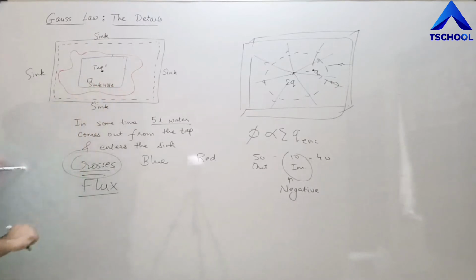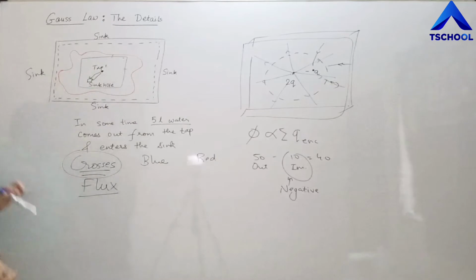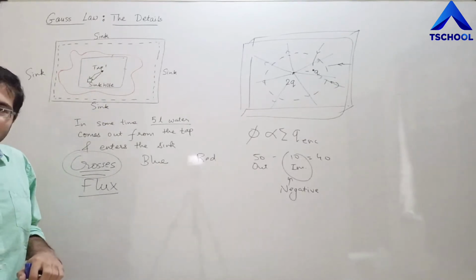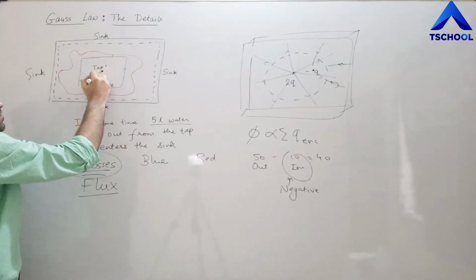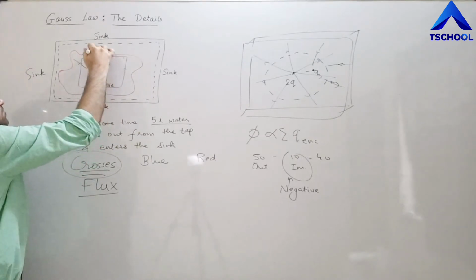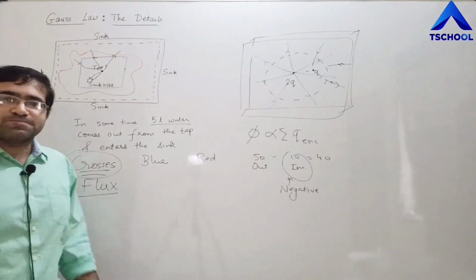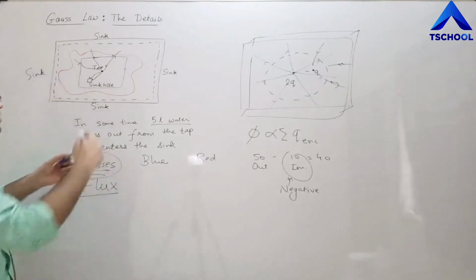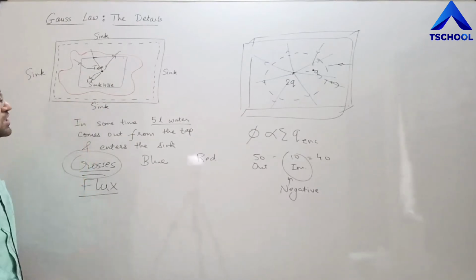What do you think will happen? Some of the water will end up inside this sink as well. Agreed? So because of this sinkhole, the amount of water flowing through the curve will decrease, because some of the water will go into that sinkhole. Exactly the same case with the charges.